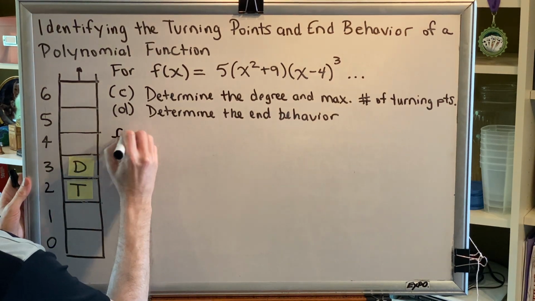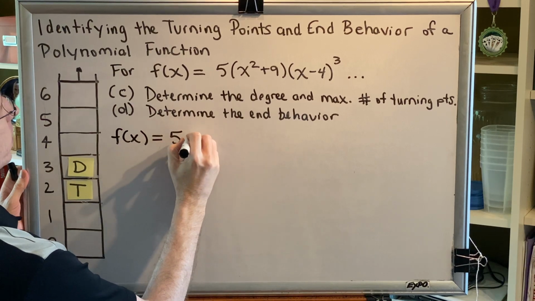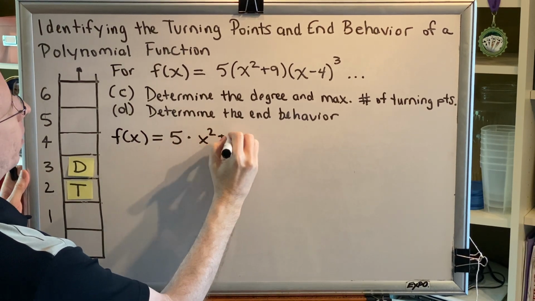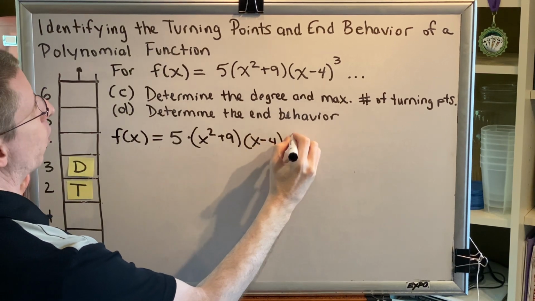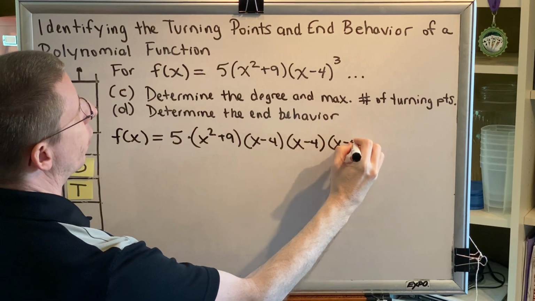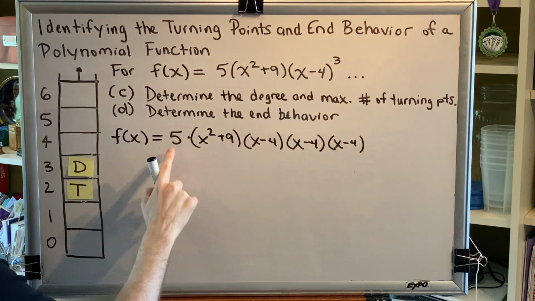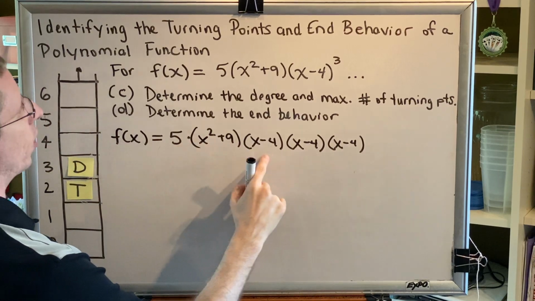For example, f of x can be written in expanded factored form as 5 times (x squared plus 9) times the first (x minus 4) times the second (x minus 4) times the third (x minus 4). Each one of these 5 factors is a polynomial.